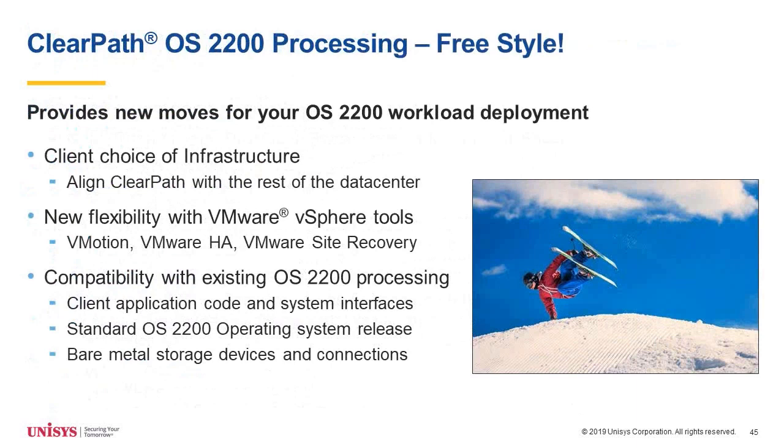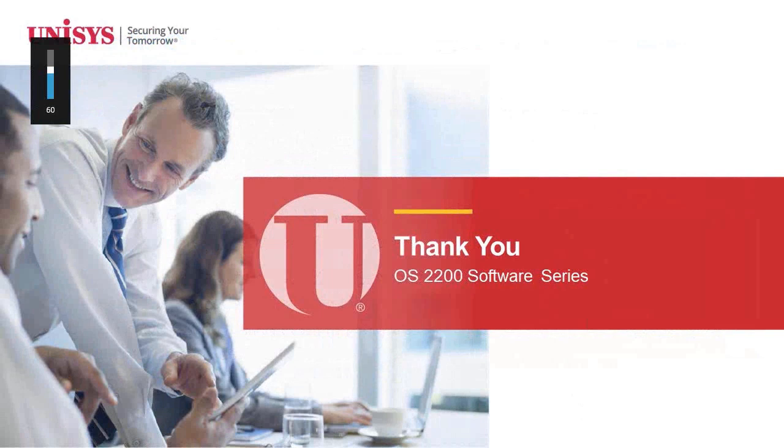It allows you to align your ClearPath infrastructure with the rest of your data center, provides new levels of flexibility within the VMware vSphere tools, and all the time maintains compatibility with our existing OS 2200 processes. Again, code compatibility, system interfaces, standard operation, the things that you know and rely on for your business processes. So with that, I thank you, and we can take some questions here now, Matt.